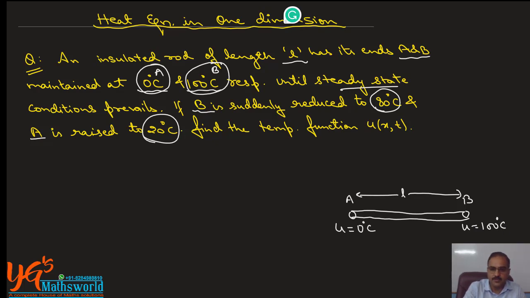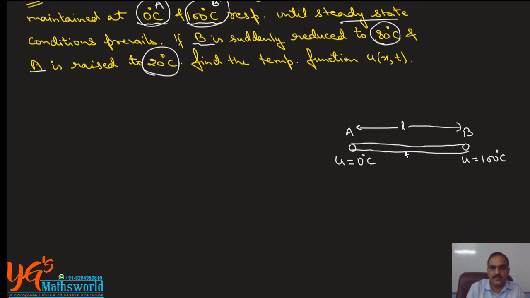Then steady state conditions prevail, and after steady state we have temperature at A as 20 degrees Celsius and temperature at B as 80 degrees Celsius. That means we have lowered the temperature at B and raised the temperature at A.